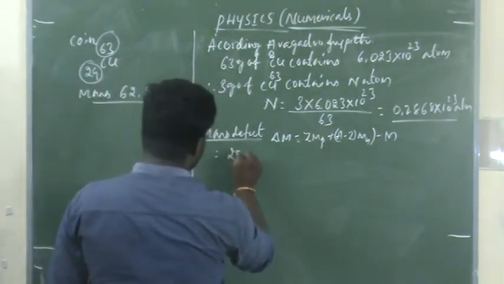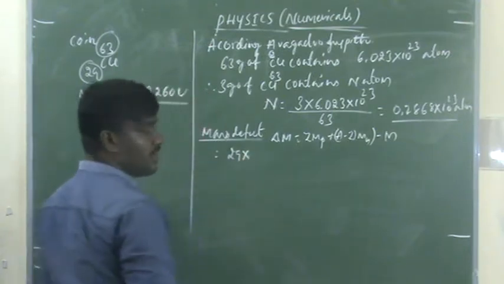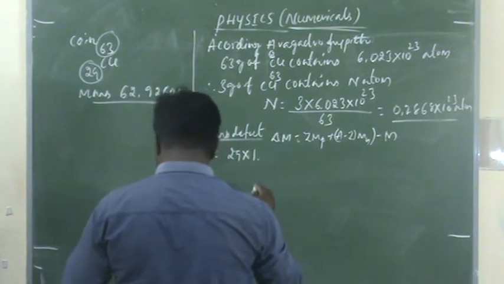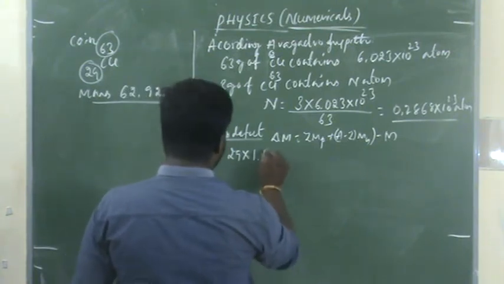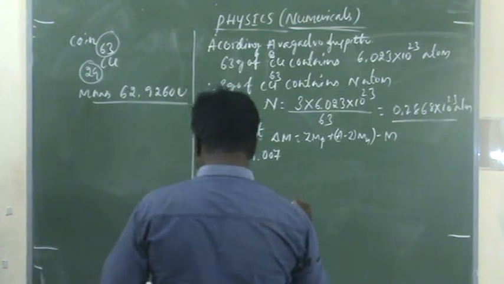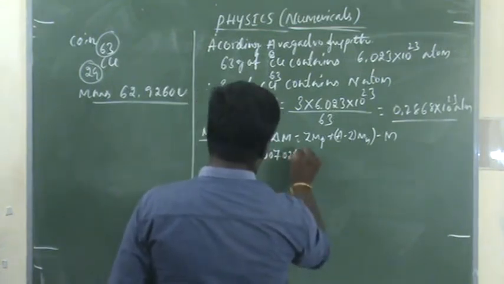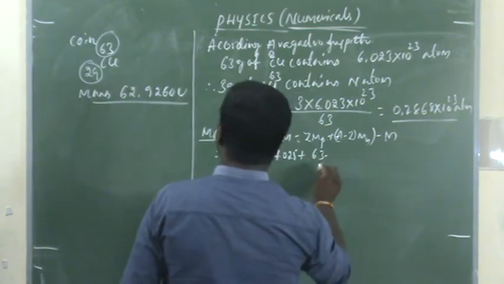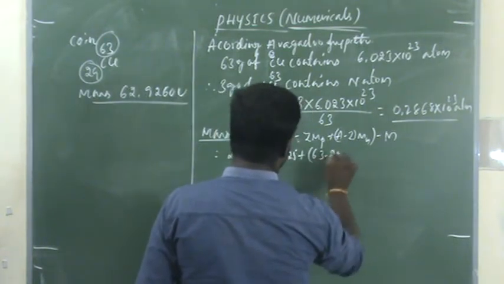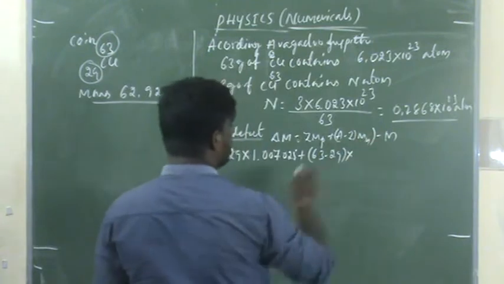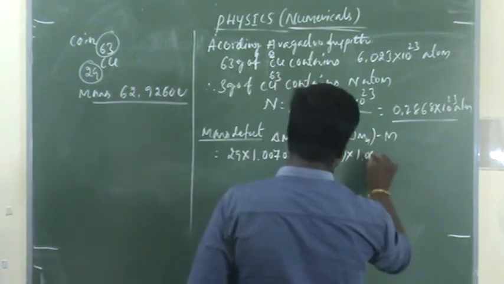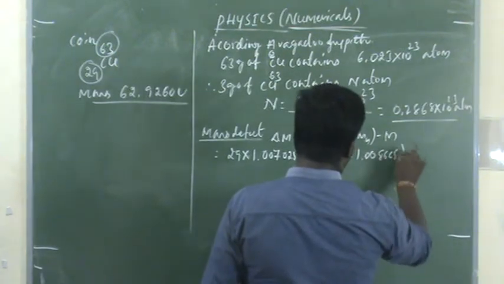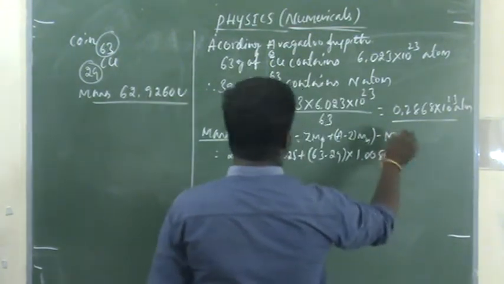That is 29 into the mass of the proton, 1.007025, plus (63 minus 29) into the mass of the neutron, 1.00865, minus the mass of the nucleus.